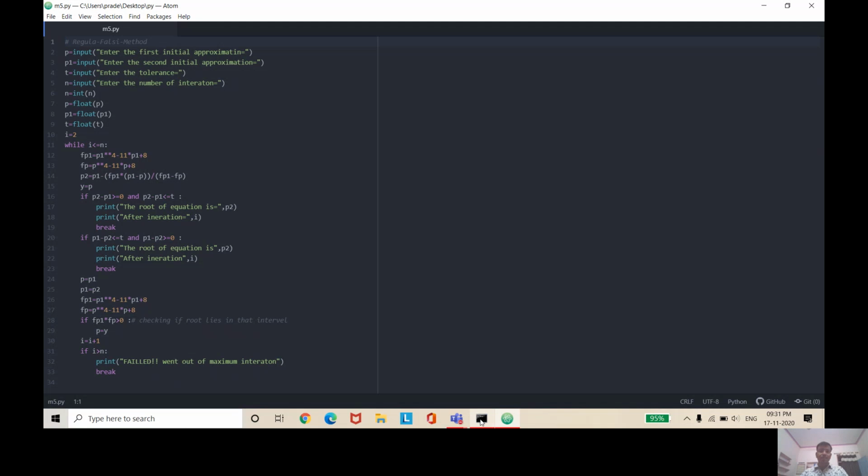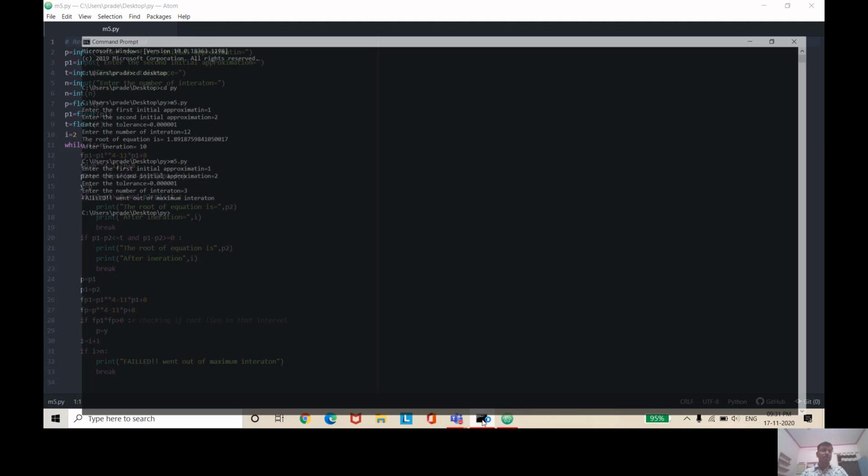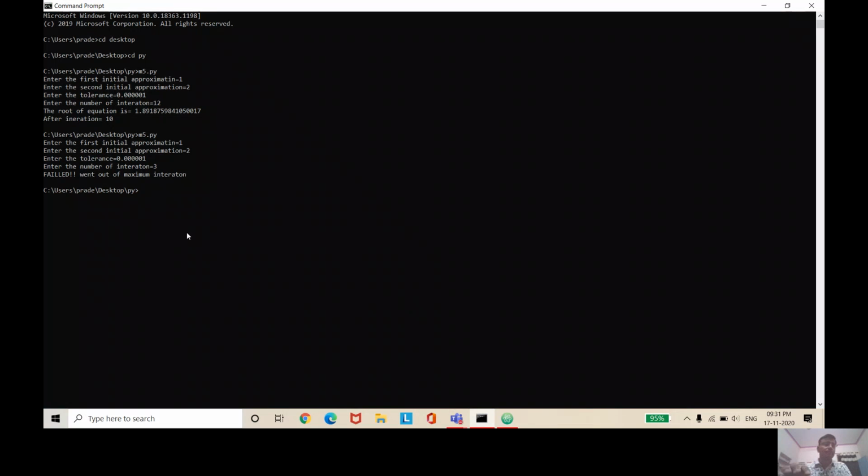So here basically I'm running my code. I have it in the terminal command prompt. It's asking us for the initial approximation. I am giving values of 1 and 2 in our function, that is x to the power 4 minus 11x plus 8, whose products are negative.